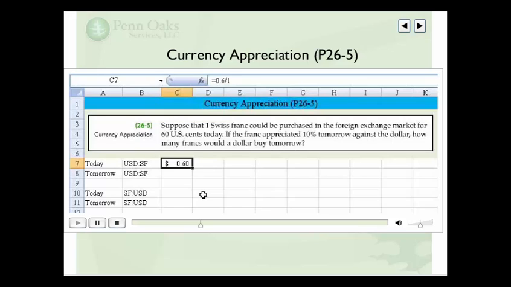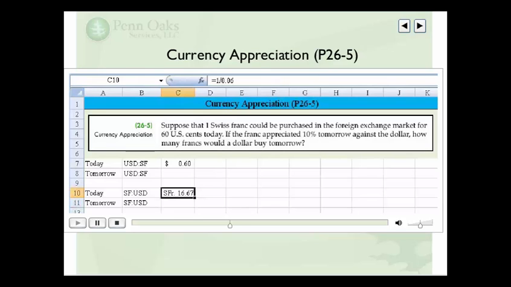Now, we could also value it the other way around, the value of a Swiss franc to the US dollar. So it would be equal to 1 Swiss franc divided by 0.6.